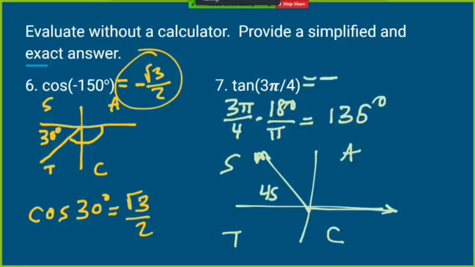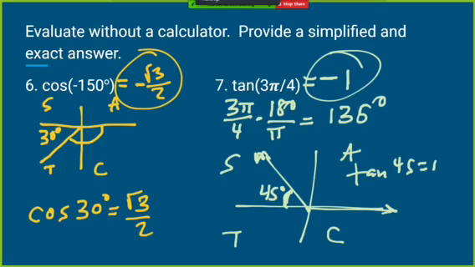And it also has a 45-degree reference angle. So since the tangent of 45 is 1, the tangent of 135, or 3 pi over 4, is going to be negative 1.